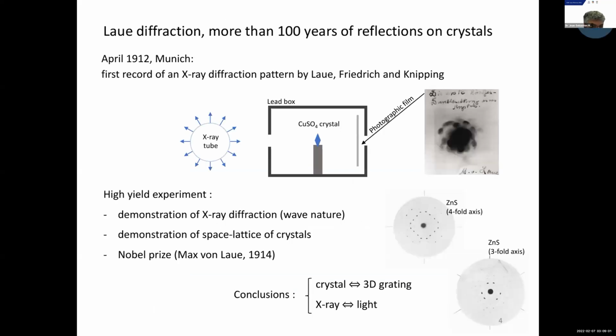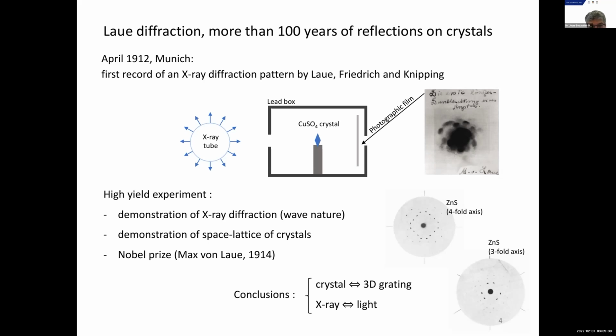Okay, so in history, I think you may know that Laue diffraction is the first technique that was used in the past to show that there is something going on in terms of interaction between the X-ray beam, this unknown X-ray beam, and the crystal.